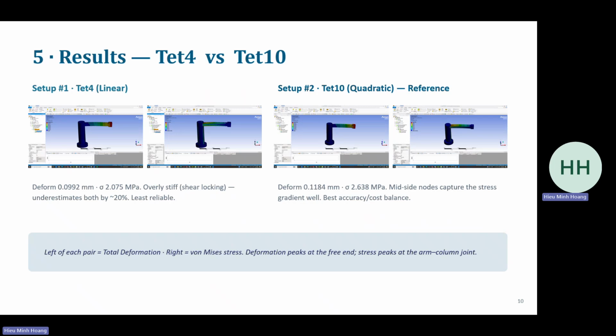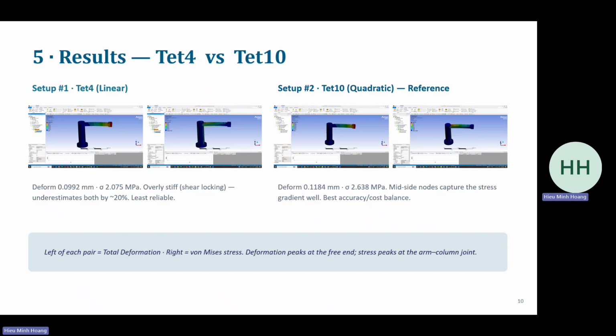It is too stiff. This is shear locking. Both are underestimated by about 20%.